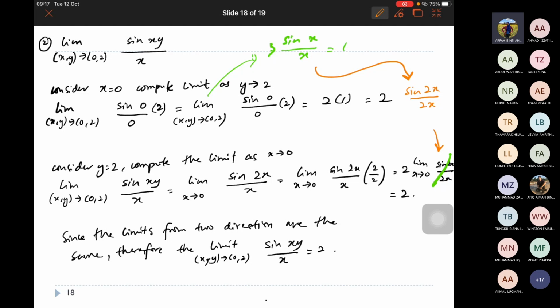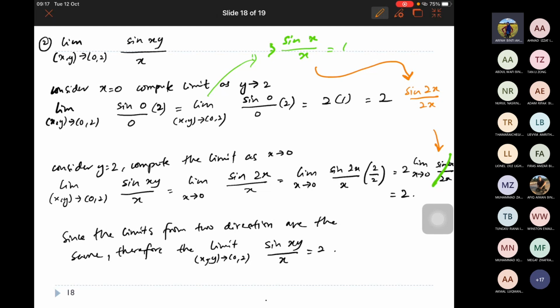Okay. So yang Dan cuba tengok soalan yang ketiga. Cuba try. Dapatkan point of discontinuity. Dia menggunakan 3 properties. Okay. So cuba baca soalan yang ketiga.